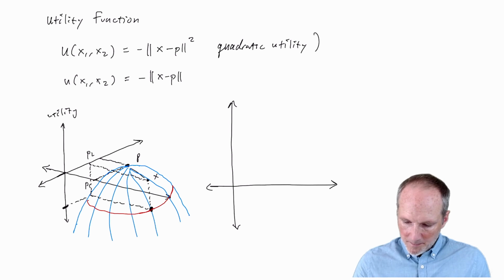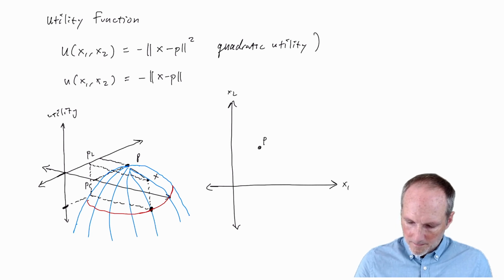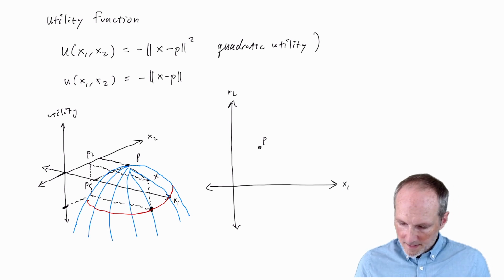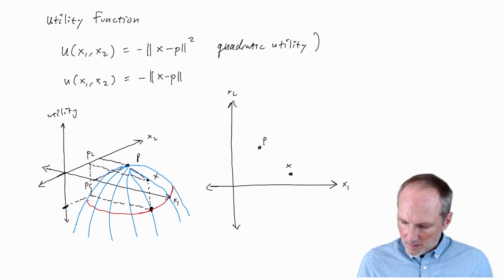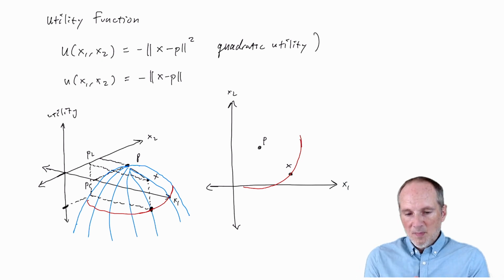So if this is P, and here's our x, that set of policies is going to be something like so. And right, so these are the policies that have the same utility as x, which means they're the same distance from P as x is.